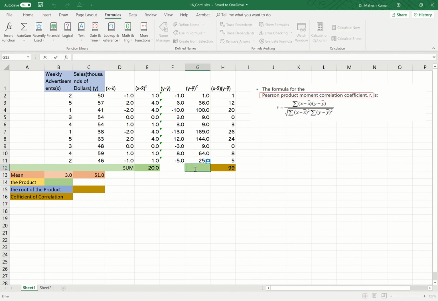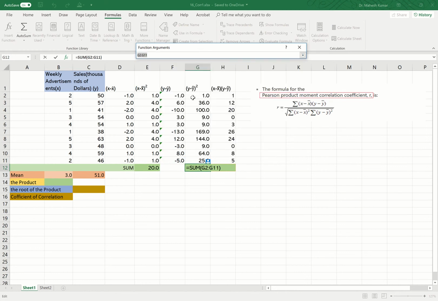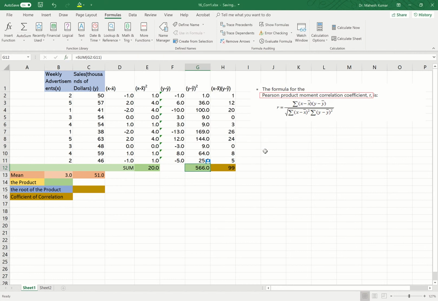We also need the sum of y minus y bar square. So here we go in recently used function, take sum, click the values, we are taking sum of these numbers, and then we are doing the sum of all the numbers from G2 to G11. So that is 566. So at this moment, what we need to do is we need to do these calculations.